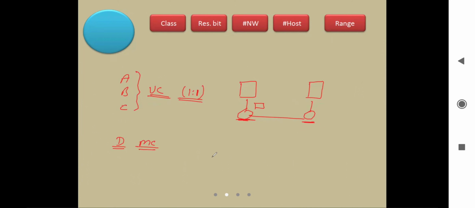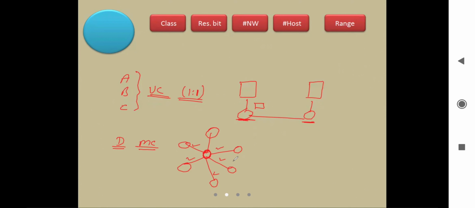So multicasting means, assume that this is a system and here another system. These are the systems. This system is transmitting to this one, in that case it is multicasting, or it can transmit to this one also, it is multicasting, and it can transmit to all the persons, then also it is multicasting.